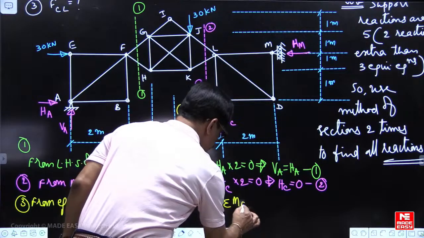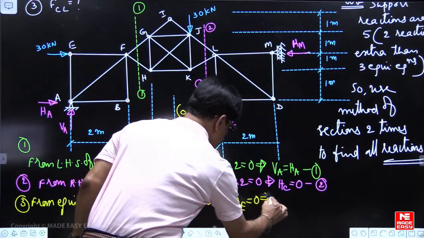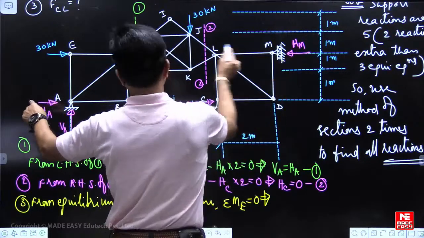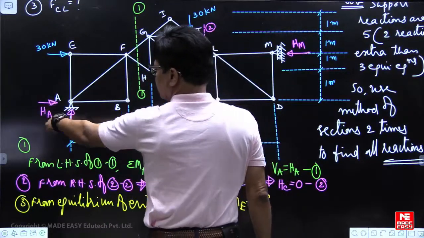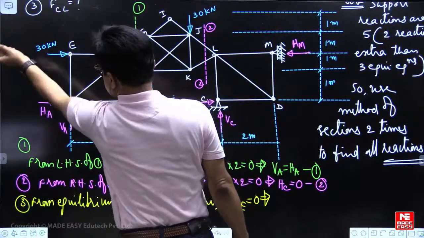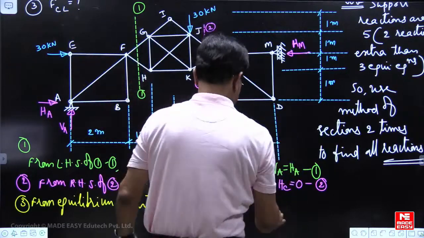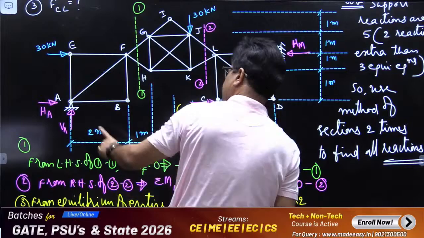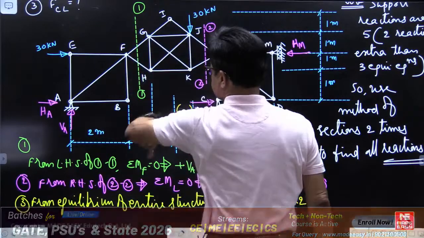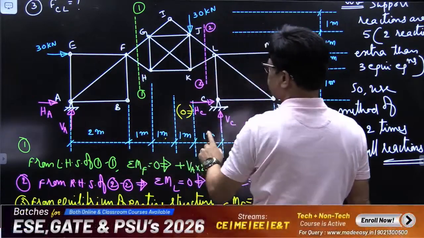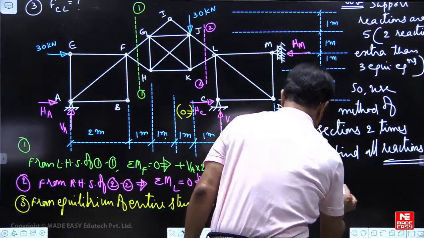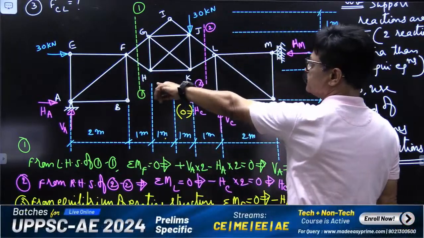Take moments of all forces about E is equal to 0. So 30 gives 0 moment, HM will give 0 moment, VA will give 0 moment, this minus HA into 2 plus 30 into 2, 3, 4, 5 plus 30 into 5.